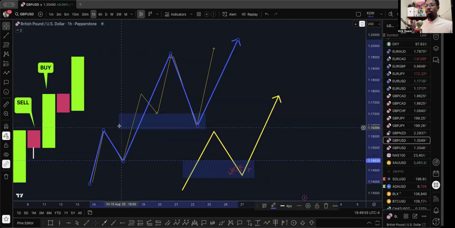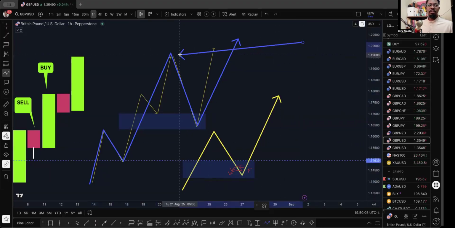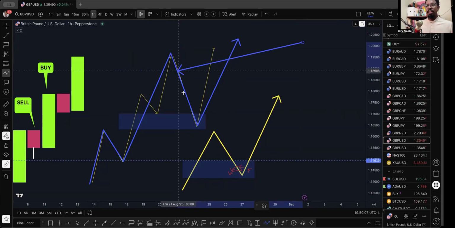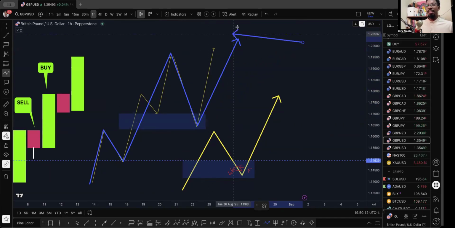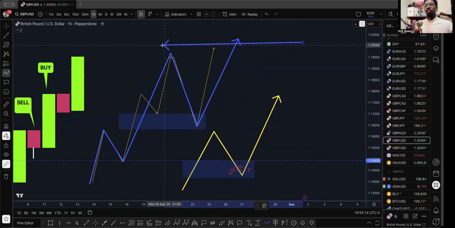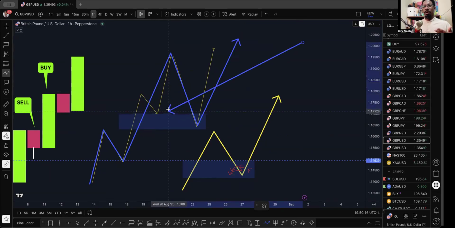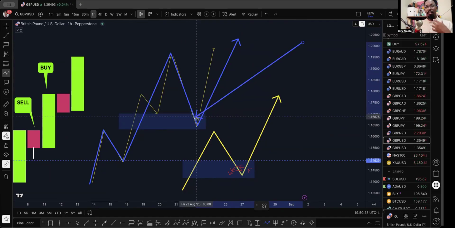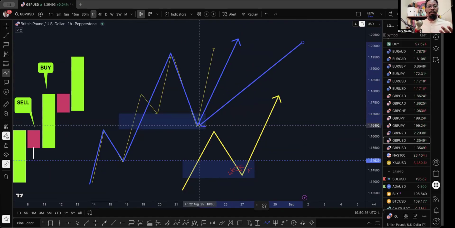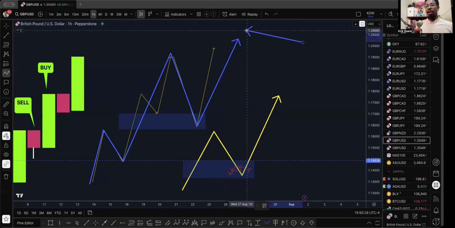All right, so that imbalance became a target that the banks and the hedge funds needed to get back to in order to balance this market back off so they can take it higher. Even though when you were watching the price move, it looked like you might have been guessing a sell starting to form, price then continued to go higher.